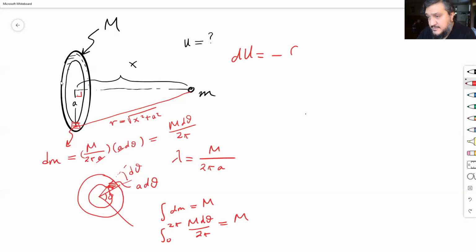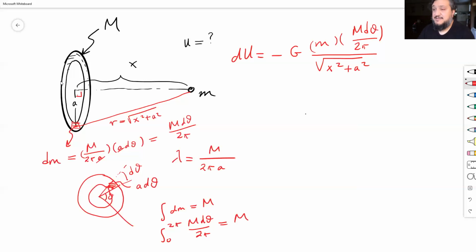So negative G times this small m here times our dm, which is capital M d theta over 2 pi, divided by the distance between the two. So that is the square root of x squared plus a squared. All you have to do is integrate this, and there's nothing really dependent on theta. So the integral will just give you a factor of 2 pi. That's all.